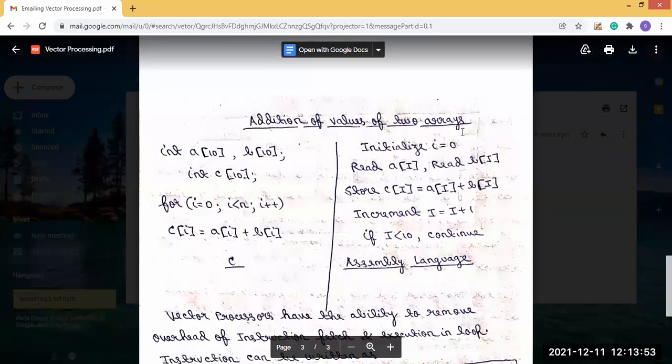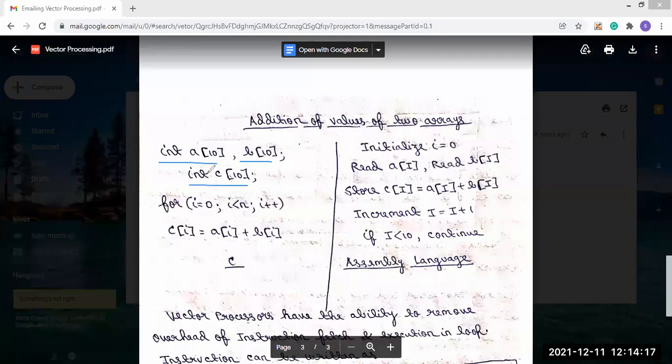Now if we write this in a C program, we take three arrays, say A[10], B[10] and C[10]. These A, B, C are three arrays of integer type, each storing 10 data items, so each array has a size of 10.